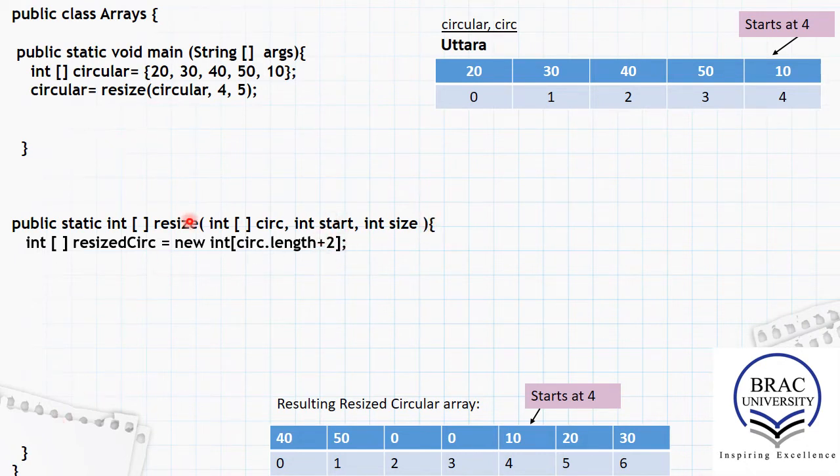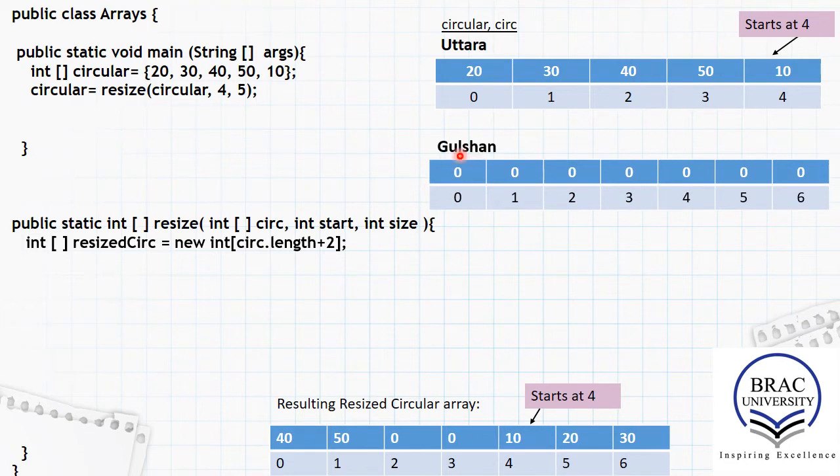Every time this method is executed, exactly 2 more cells will be created. Once this line is executed, a new array will be created under a new reference. Let's say the reference is Gulshan, and Gulshan will be stored inside the variable resized circular, resized circ in short. So this is where I will be copying the values, and it should end up looking like this.